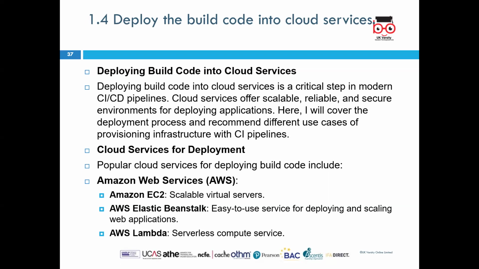And then we have AWS Lambda, which is a serverless compute service. Different types of services for Amazon Web Services. So there are different types depending on what application you're building and what your application needs. So this looks into the needs of your application.